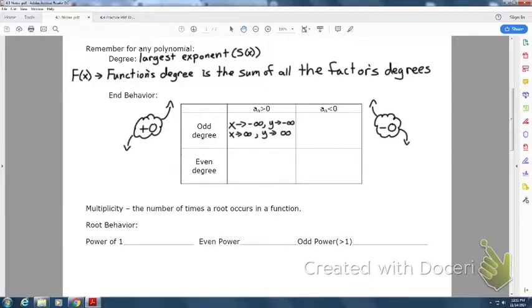If I have a positive even, it is up, up. And then if I have a negative even, it is down, down. Okay, so you can go through there, make sure that you have all of the end behaviors correct.